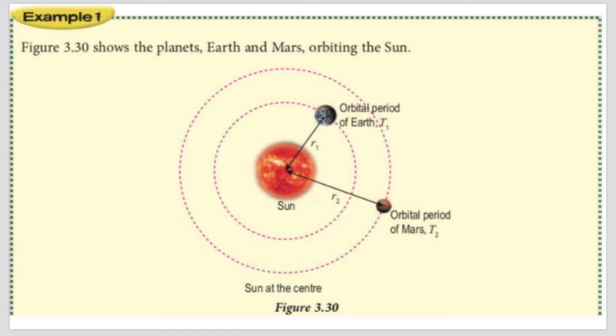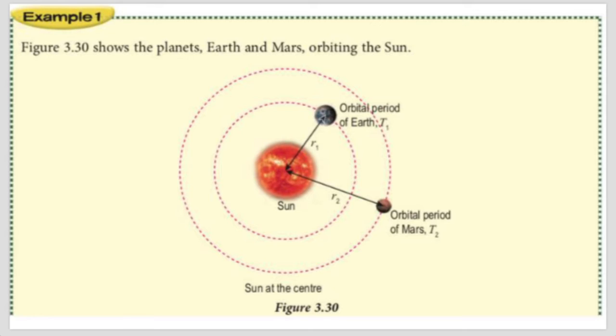Of Mars is T2. R1 is the distance, the radius of Earth's orbit, and R2 is the radius of Mars's orbit.